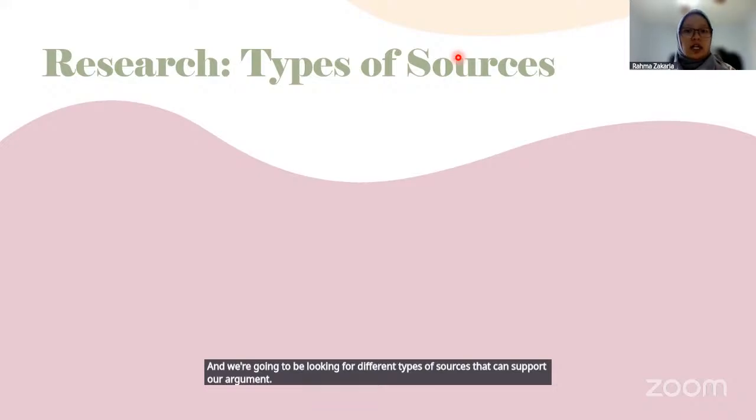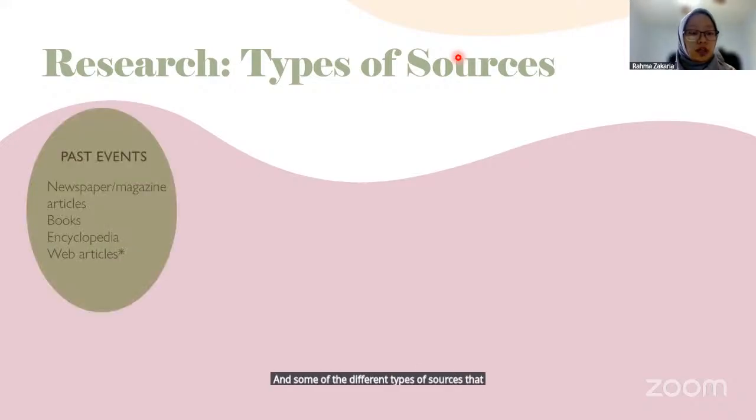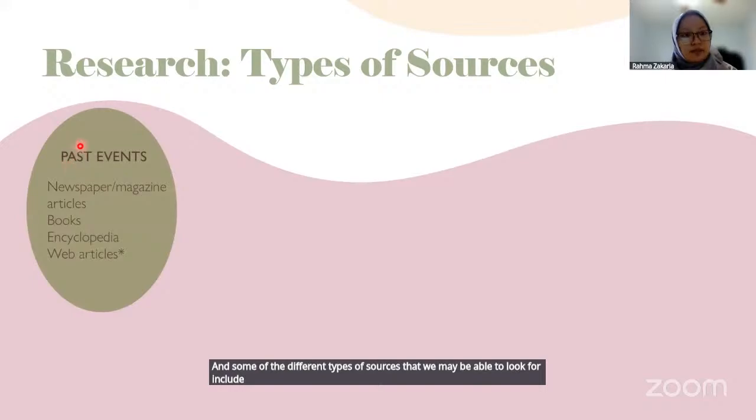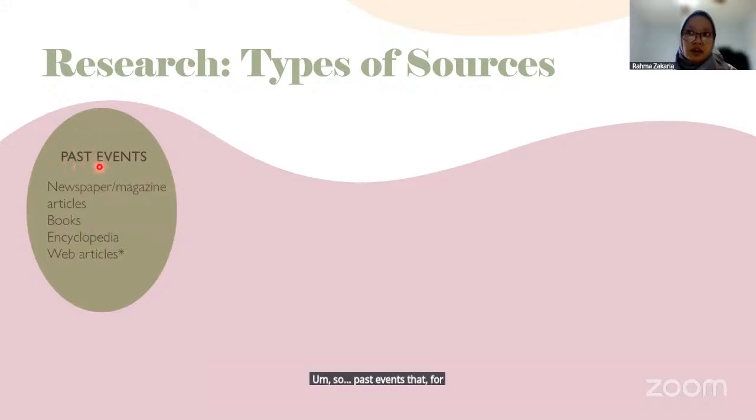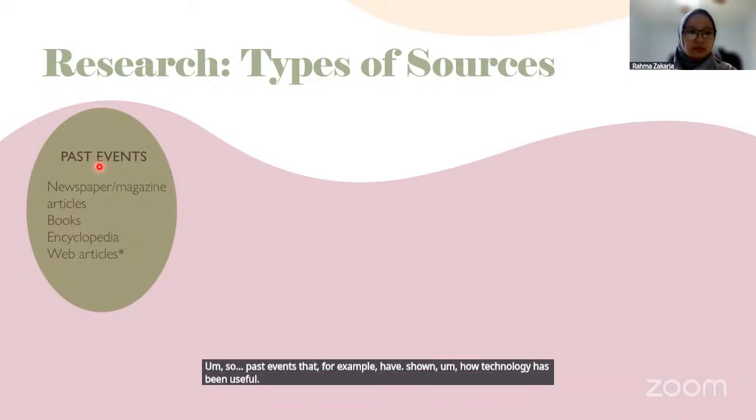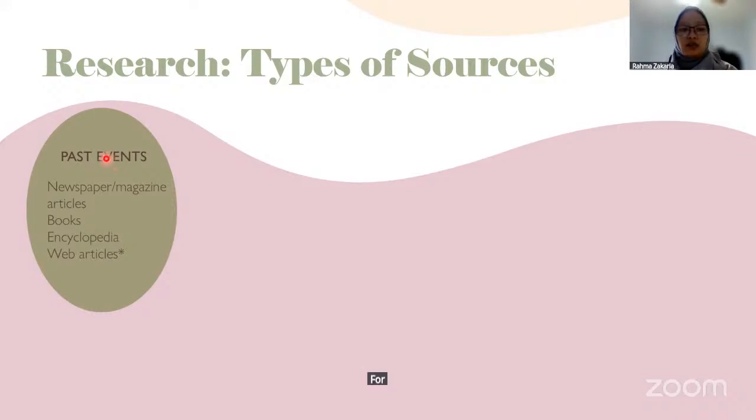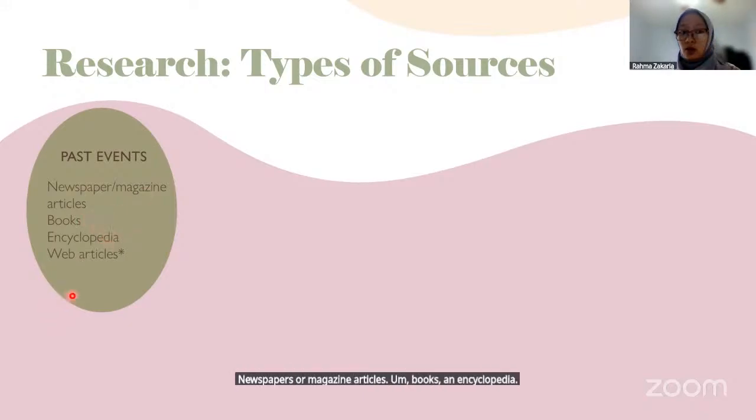And some of the different types of sources that we may be able to look for include past events. So past events that, for example, have shown how technology has been useful for a certain application. So you might look at newspapers or magazine articles, books, an encyclopedia, or online.